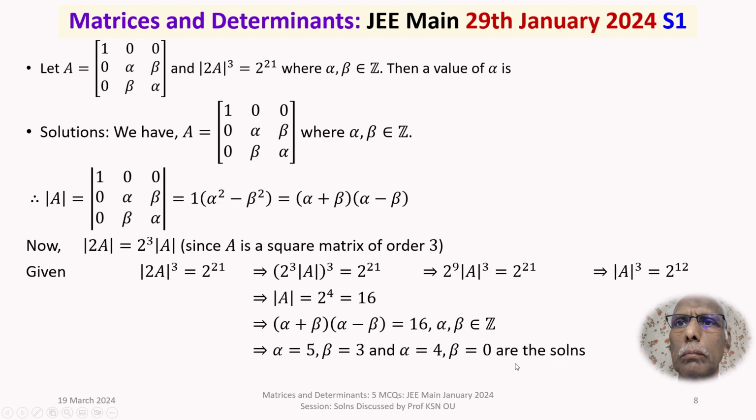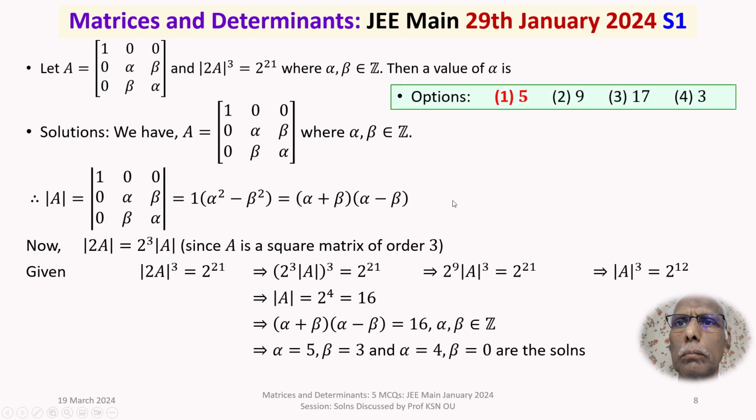So let's look at our options. Alpha will be one of the options, and among the options we see 5, we don't see 3, we don't see 4. We see 3, but that is beta. But we want alpha. Alpha is equal to 5.